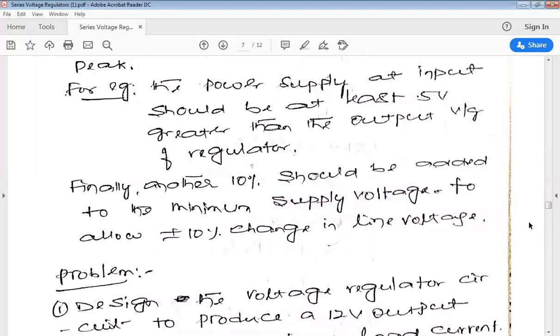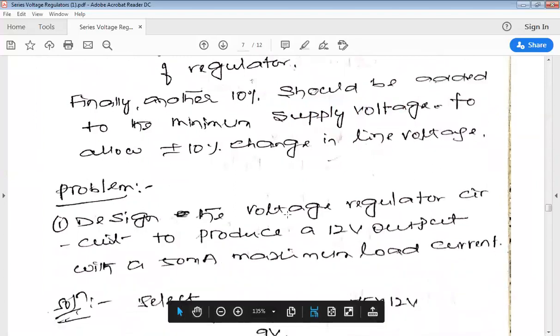Sometimes this supply or line voltage change occurs, but it will be around millivolts, so it will not be considered. Totally 5 volts greater than the required regulated output voltage.